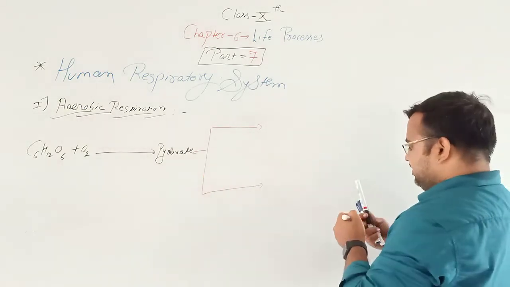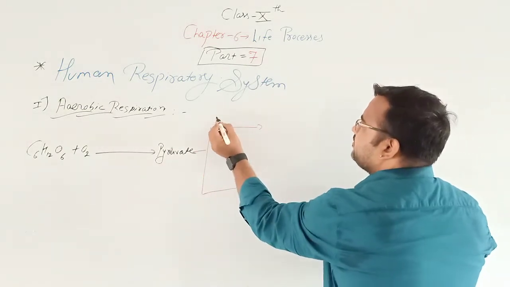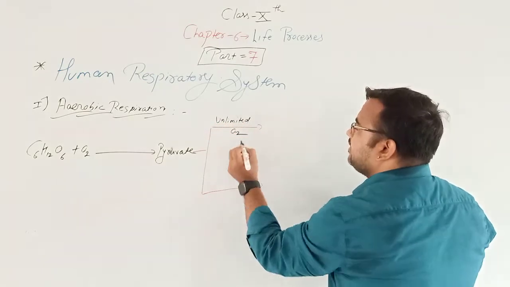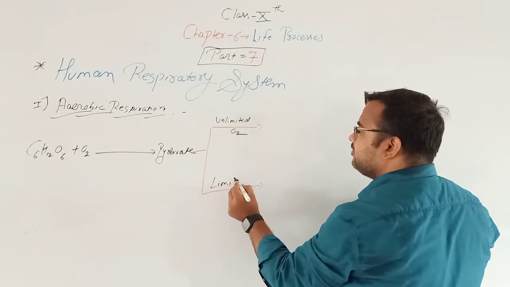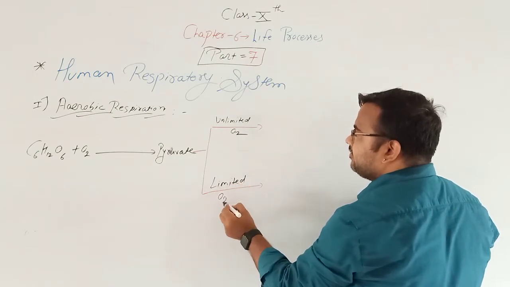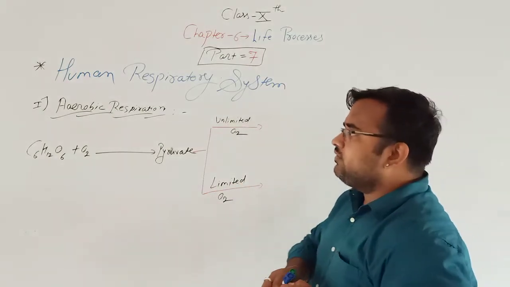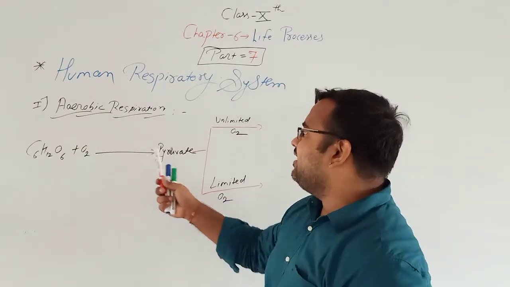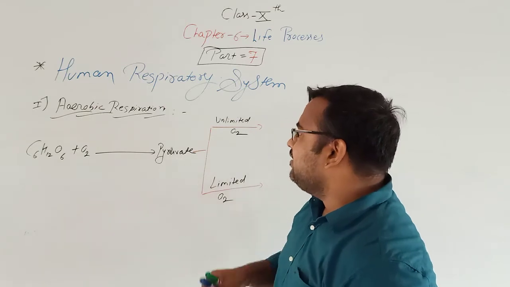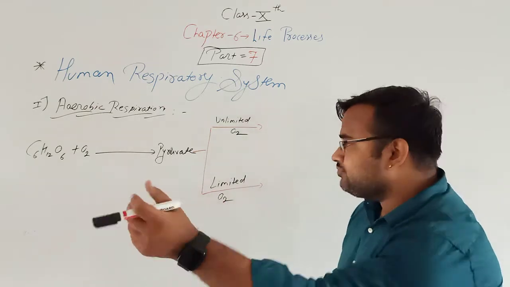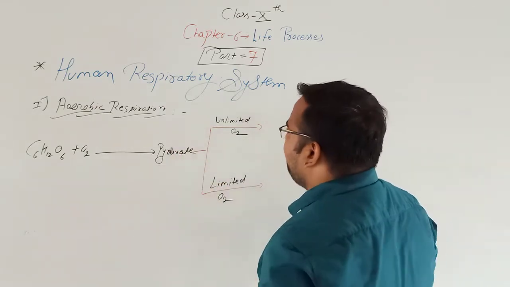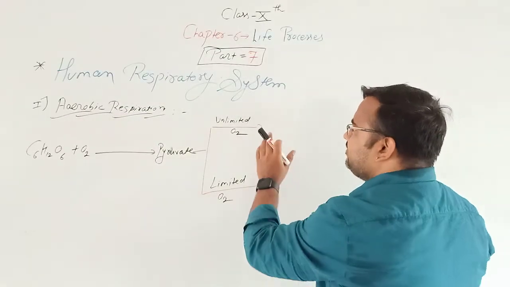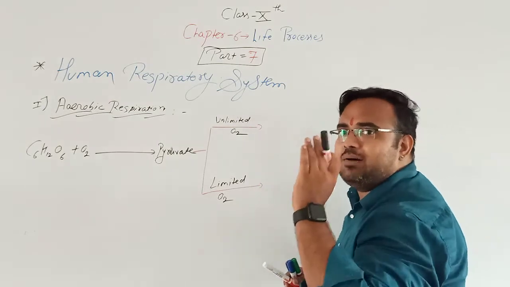If there is unlimited oxygen, and if there is limited oxygen, the product will be different. Glucose in presence of oxygen will break down and form pyruvate. This pyruvate will break down in two ways depending upon the amount of oxygen.